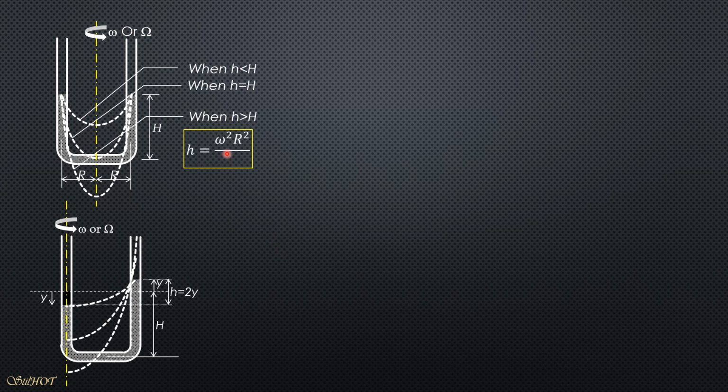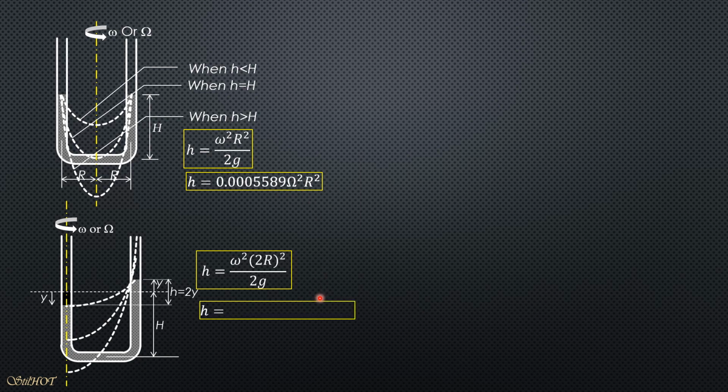For this situation, h is omega square r square over 2g, or v square over r, depending on the given, or the other way around, 0.0005589 omega square r square for omega in revolutions per minute. In the situations here, all you have to do is replace big R by 2R, because this is 2R. The same is true with this formula here, replace big R by 2R.